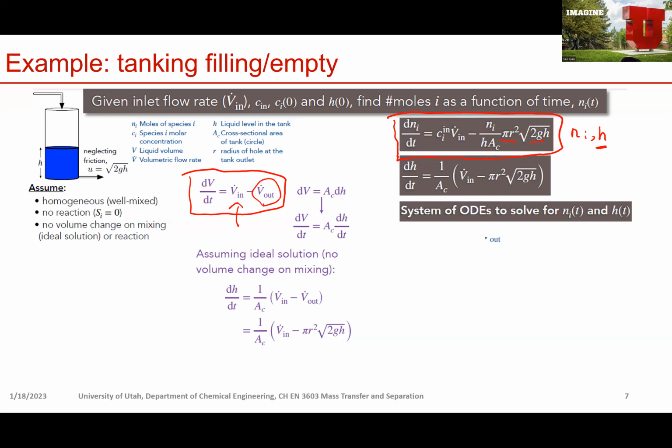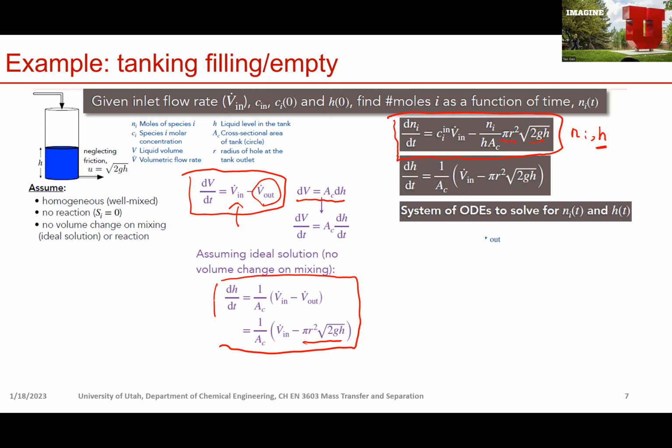This can be connected to this, then you do some conversion, where dV is this. If you plug all these relationships into the equation, you will get this.